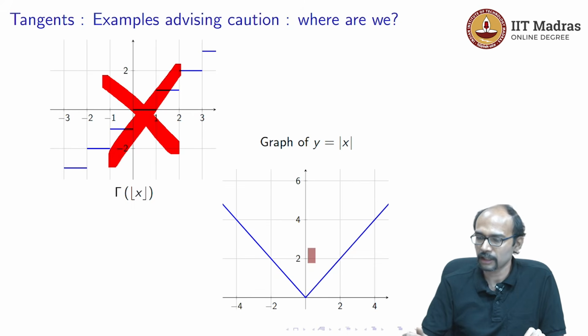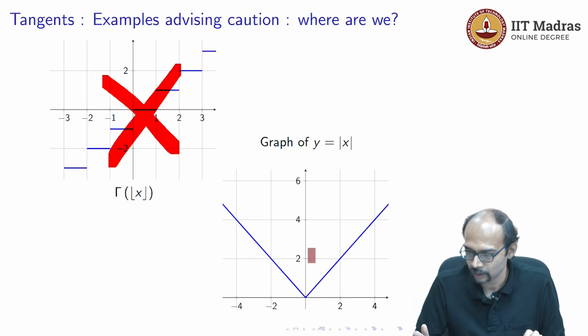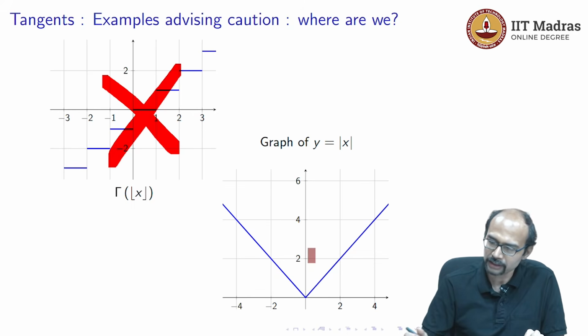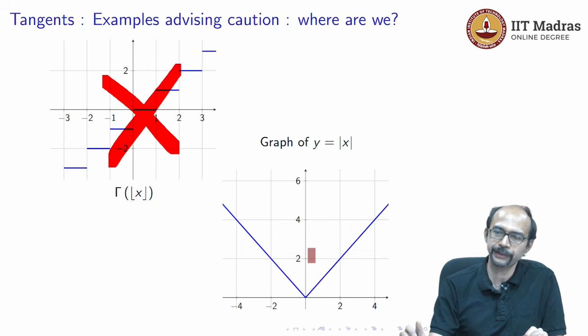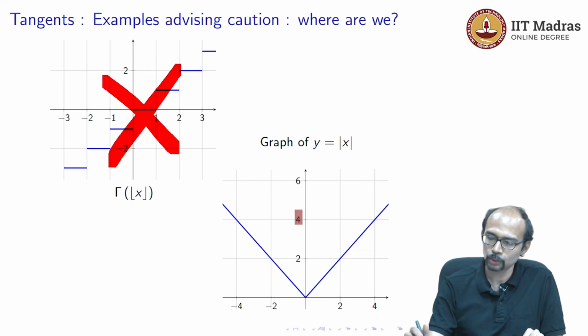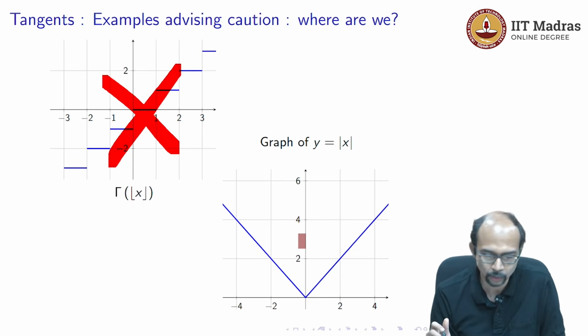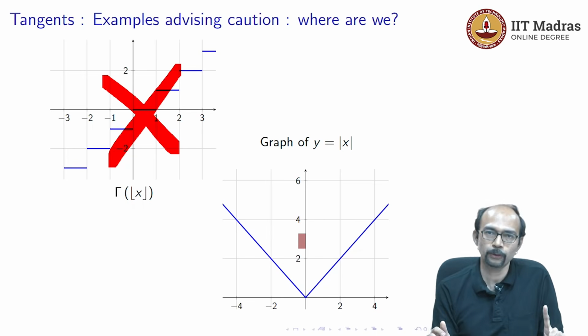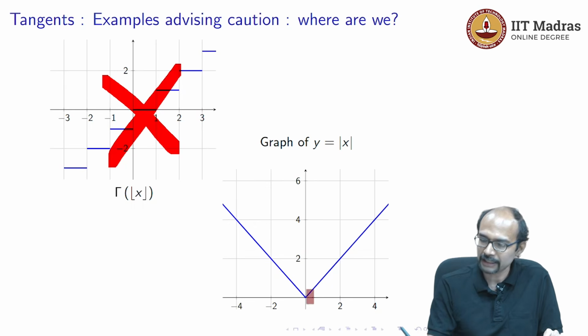But for this function, the graph of y is mod x, continuity was still not good enough to throw out this example. Now, let us ask what happens for differentiability, and for differentiability we saw that at 0 this function is not differentiable.